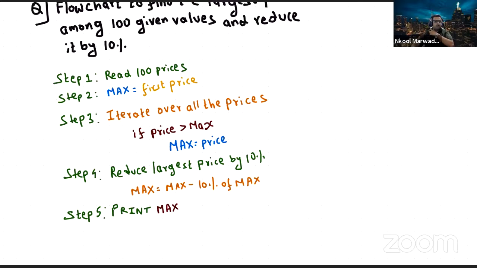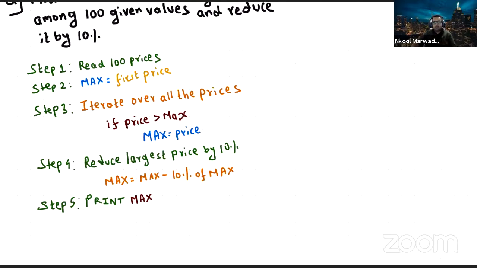Now let us cross-check this logic. The flowchart we will anyhow make. No big deal in that, because now that we are aware of the syntax, very easily we can make it. But let us get convinced that this logic is working.